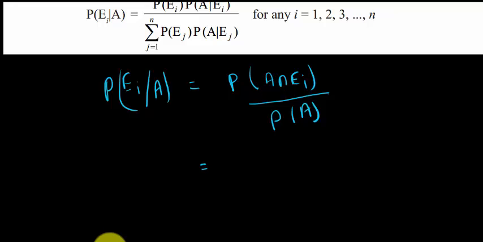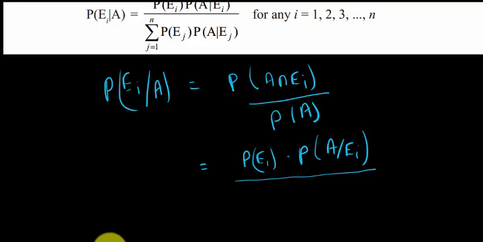Now this further can be written as probability of Ei into probability of A given that Ei has occurred, divided by the total probability, which is summation of probability of Ei into probability of A given that Ei has occurred. Okay, so that is my Bayes theorem.